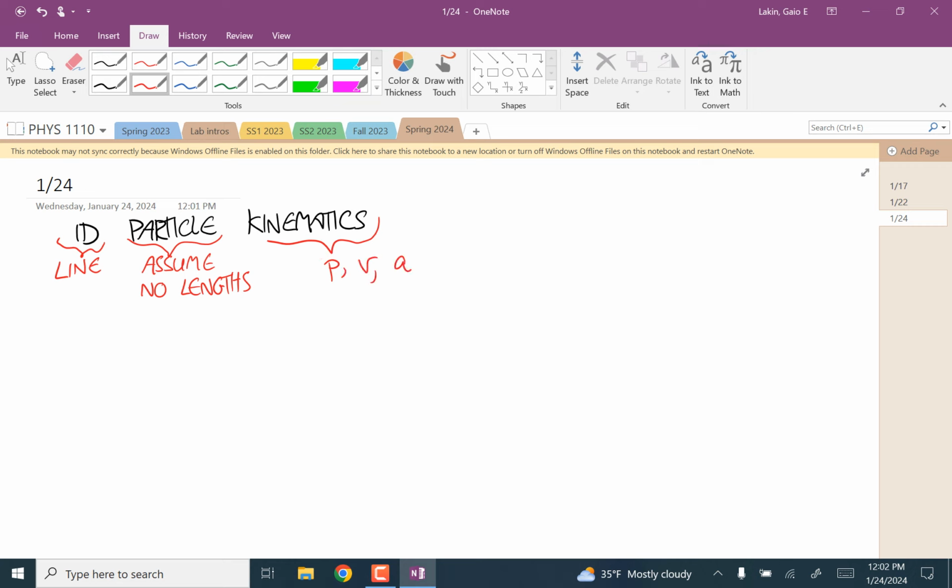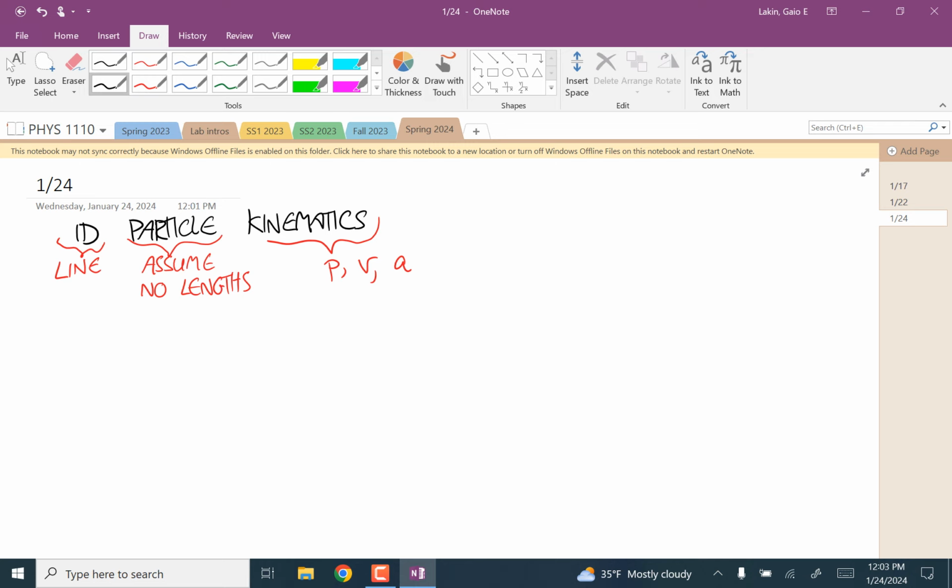velocity, and acceleration. And last time we defined position, I talked about the connection between how you go from something happening in the real world and putting that into a set of numbers and defining an object's location as a position.